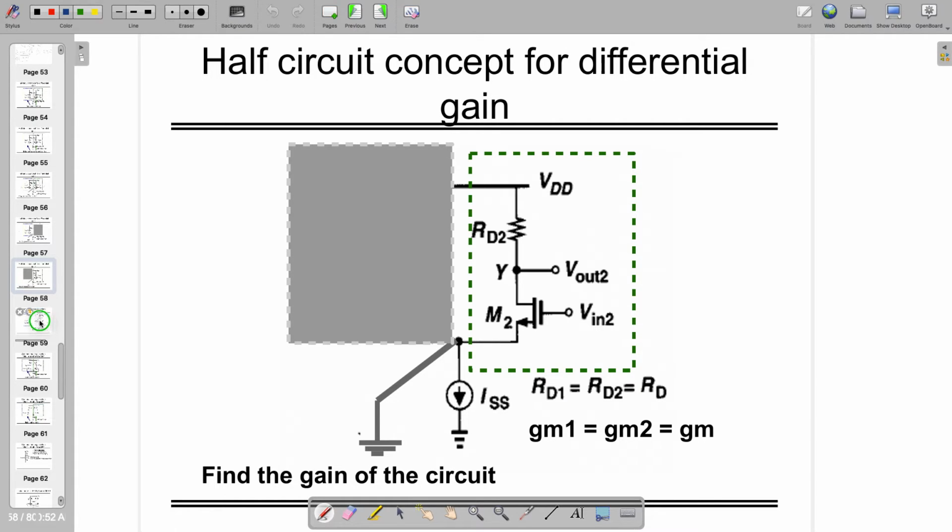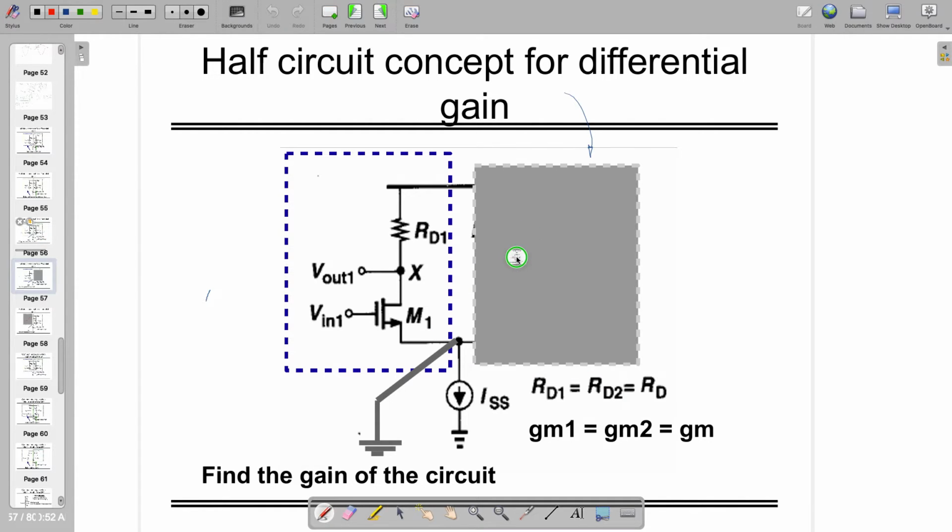You can see here, whatever gain we got here, the same gain you are going to get, and this is closed.